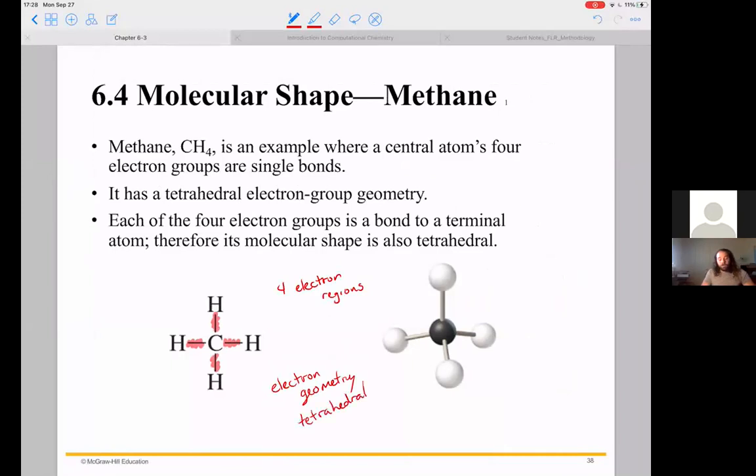And since there are no lone pairs on that central atom, this is also the molecular geometry. Molecular geometry is also tetrahedral. Cool. Now let's do a molecule that does have a lone pair on that central atom.